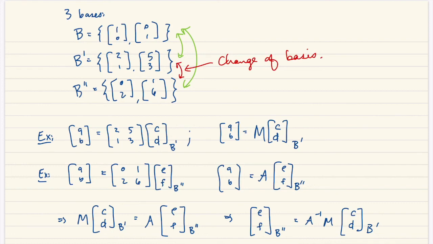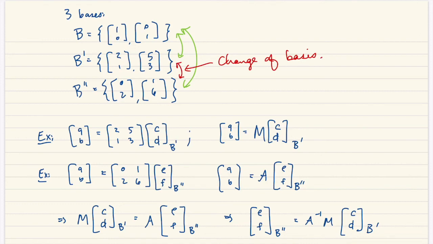And again, the idea is if I want to go from B prime to B double prime, I go first from B prime to B. So if M is the matrix that we use to go from B to B prime, then M inverse, moving that over, is the matrix that we use to go from B prime to B. Let's see.